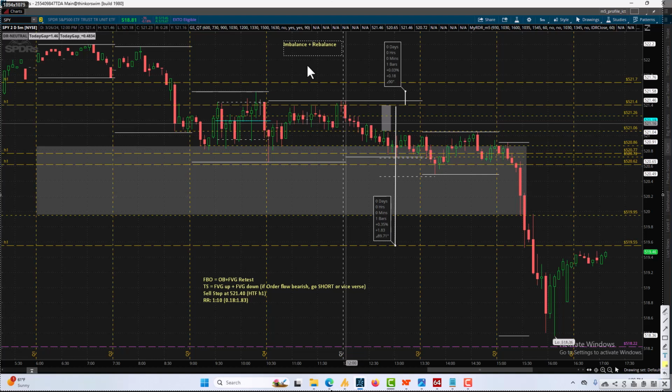When we have that, we can trade based on the order flow. So order flow bearish, short, and vice versa.